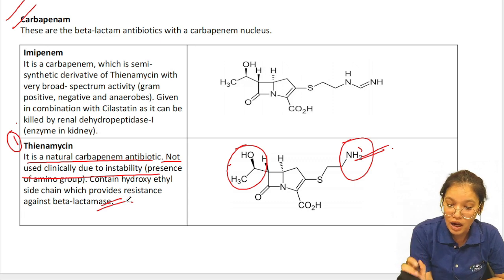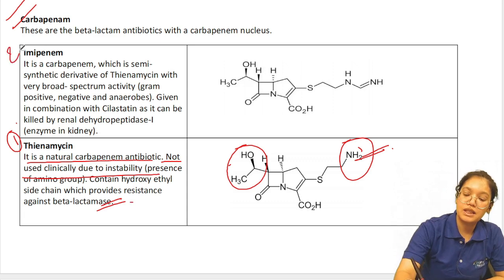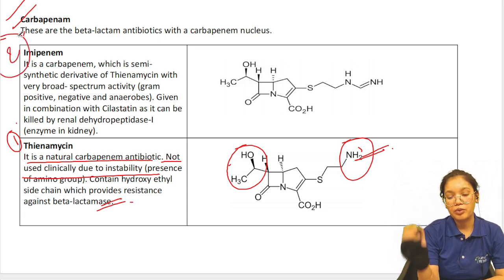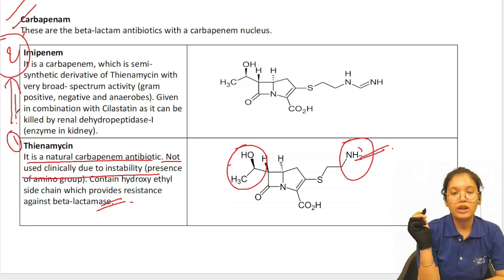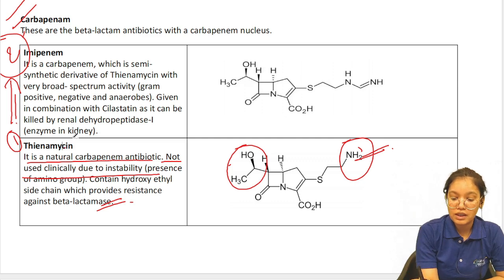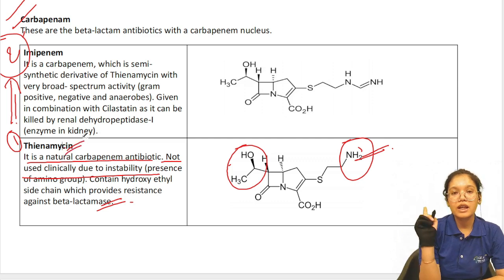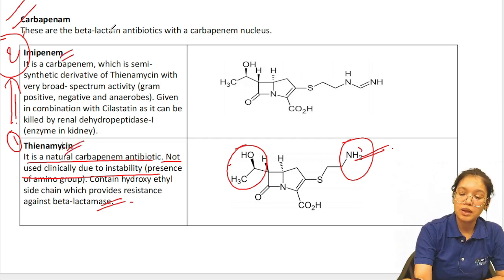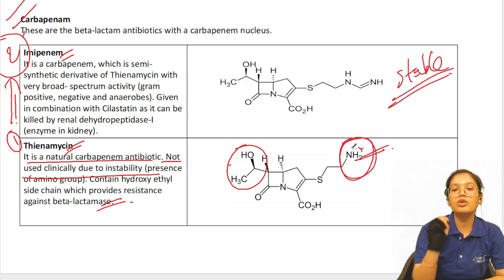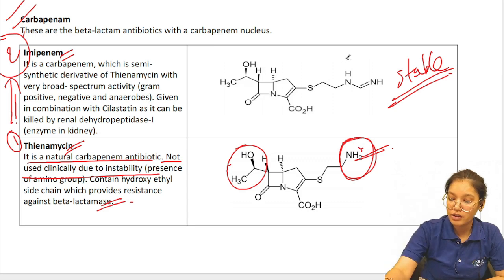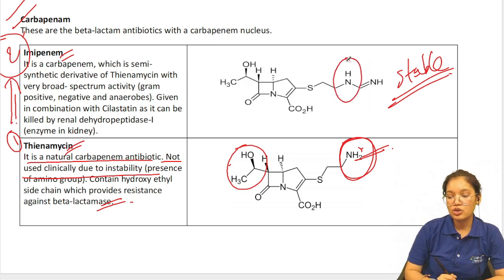Now imipenem is the next carbapenem. Imipenem is a derivative of thienamycin. Thienamycin was unstable, but imipenem is stable. Why is it stable? Because due to the NH2 group it was unstable, and here in imipenem we have modified this NH2 group.